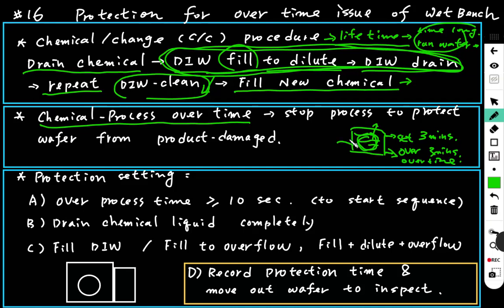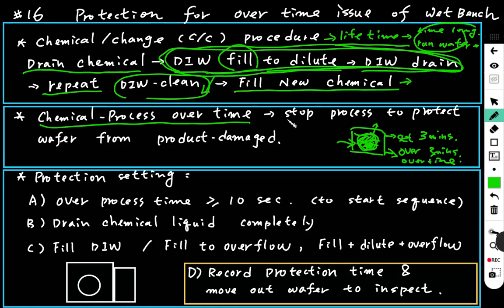Then the chemical will continuously act on the wafer. Then the wafer surface can be damaged due to the overtime.